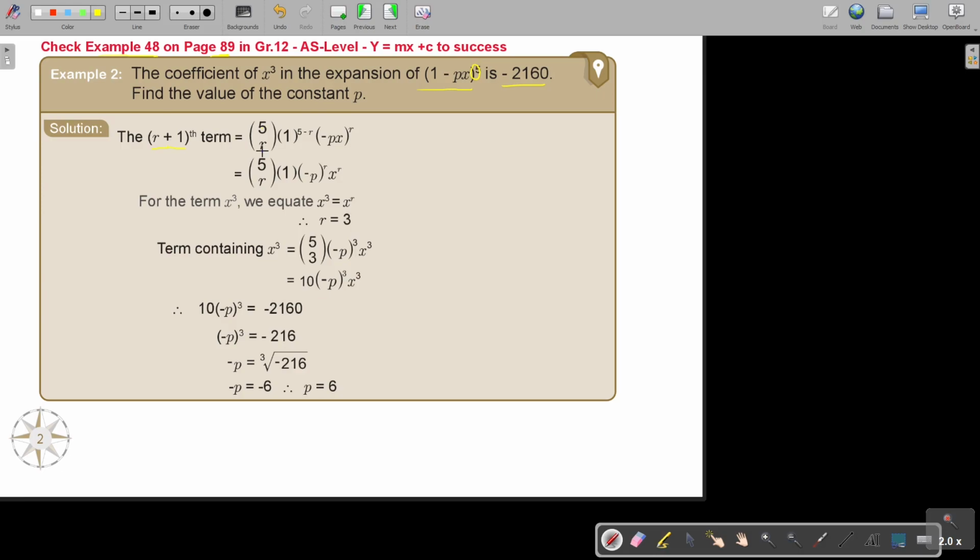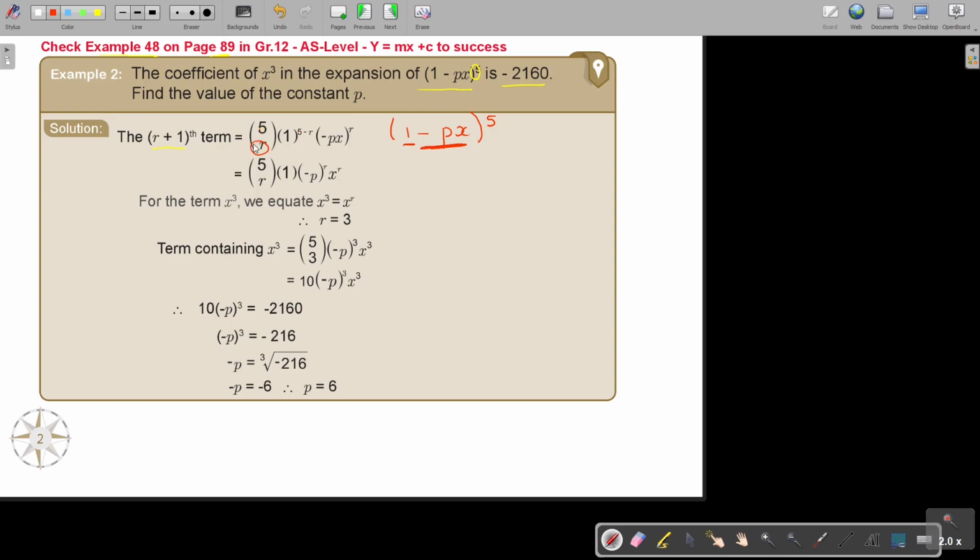Then I take the first term, and let me first write down this bracket: 1 minus px, to the power of 5. I get the first term and put it to the power 5 minus r. And I get the second term there, and remember to grab that sign, and it's to the power of r. And now I break it up.